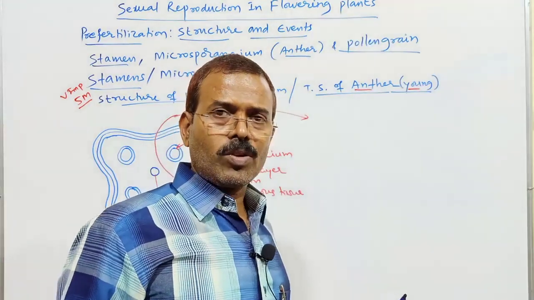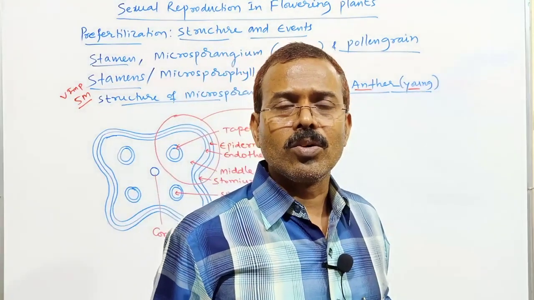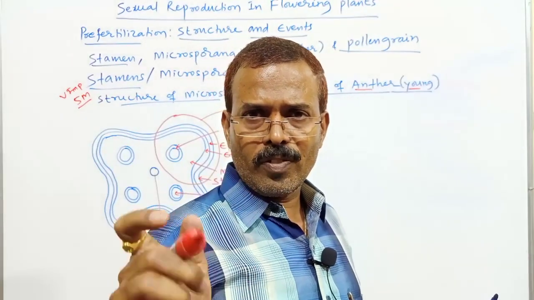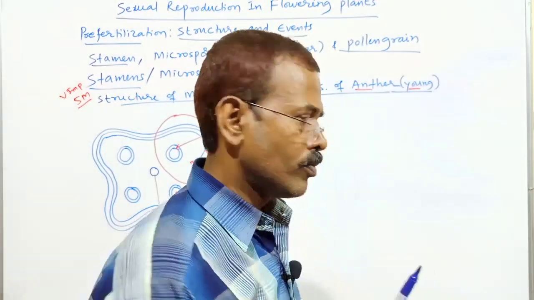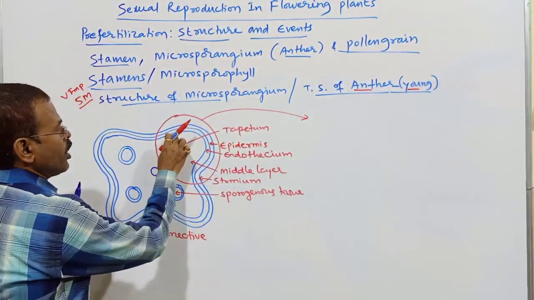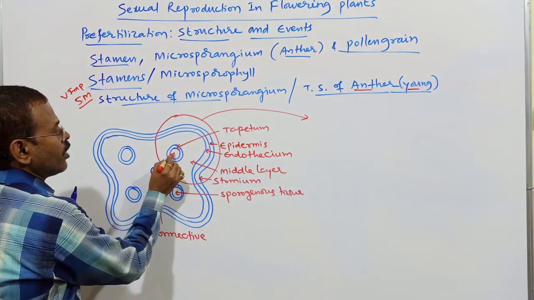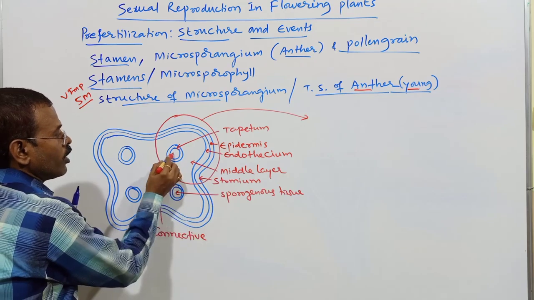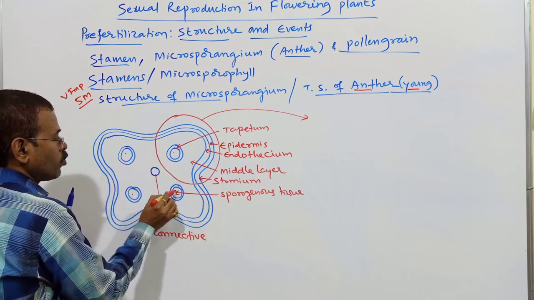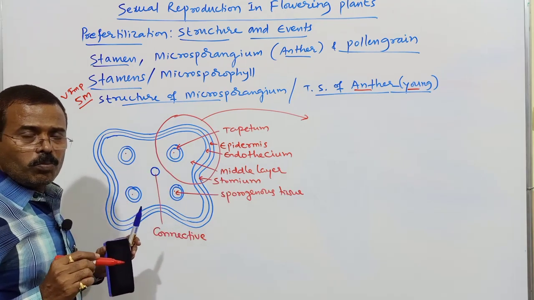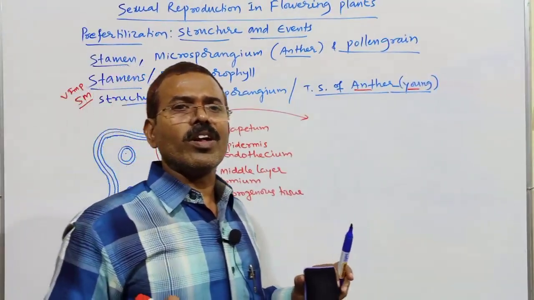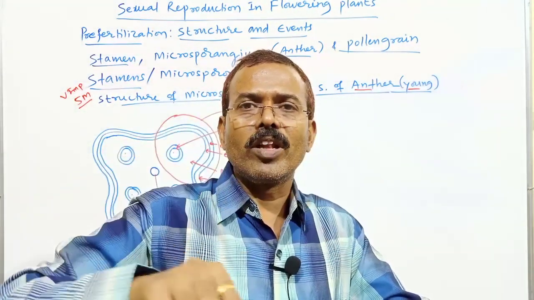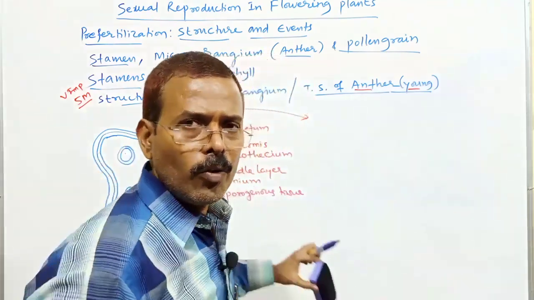In the center of each microsporangium you have what we call sporogenous tissue. This sporogenous tissue is present in the center of each microsporangium, which is in turn covered with 4 wall layers, which you can see here.